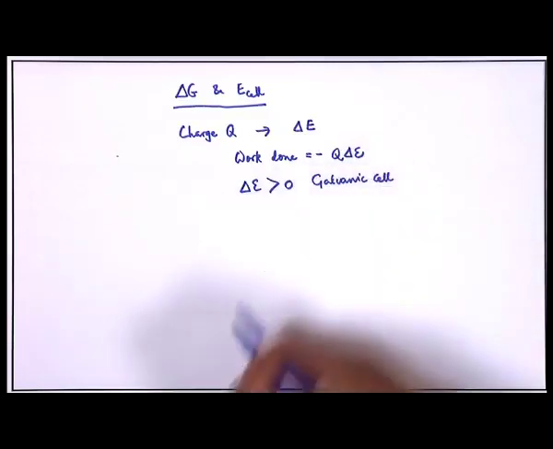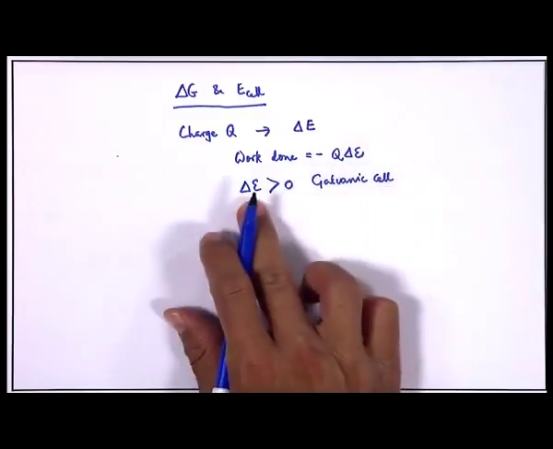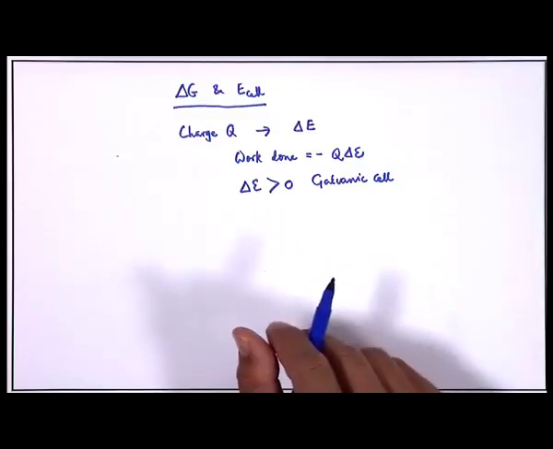That means when delta E is greater than 0 for a galvanic cell, the reaction is spontaneous.